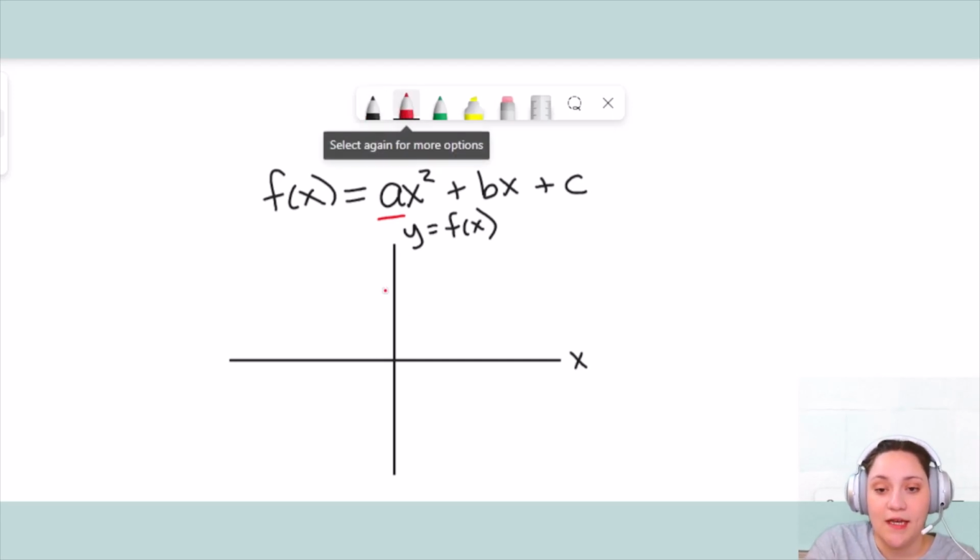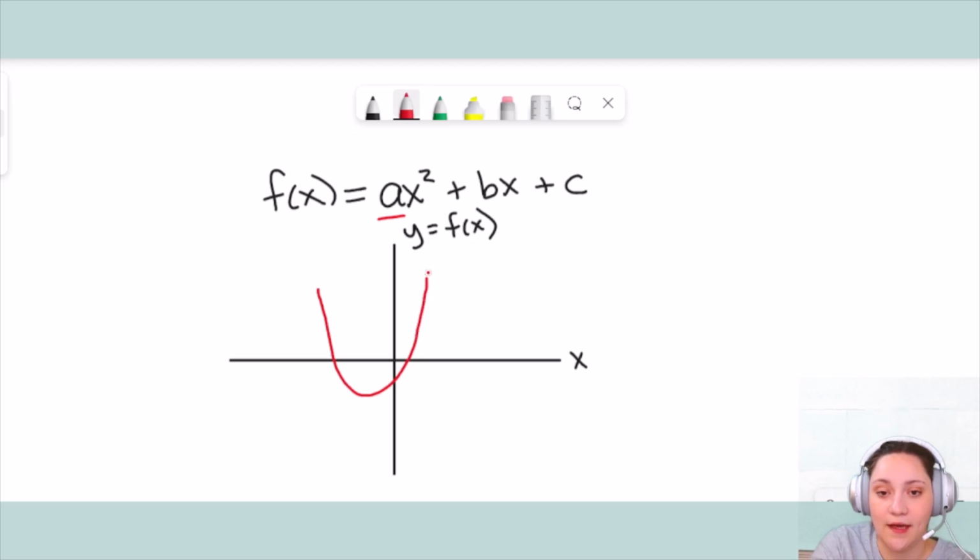So let's imagine that we have a parabola that opens upwards. And here's the vertex. Well, of course, the vertex is going to correspond to an x value, and it's also going to correspond to a y or f of x value.